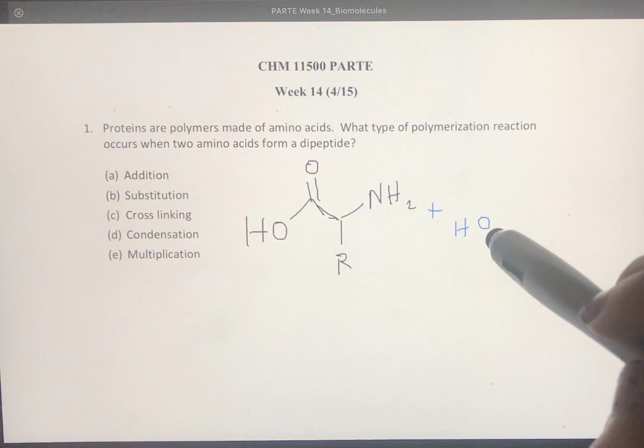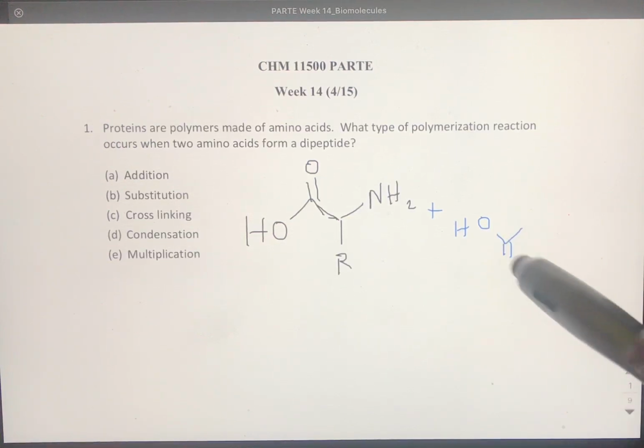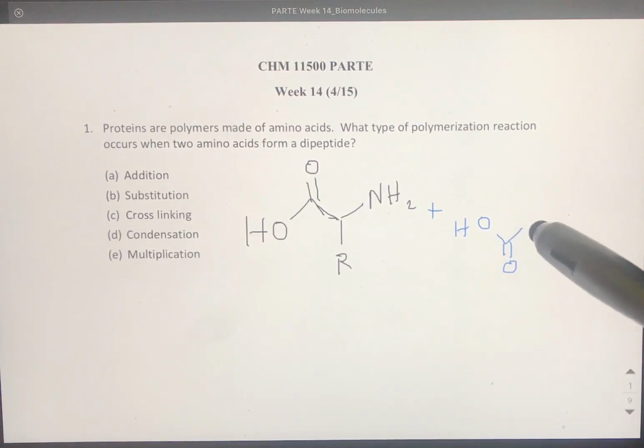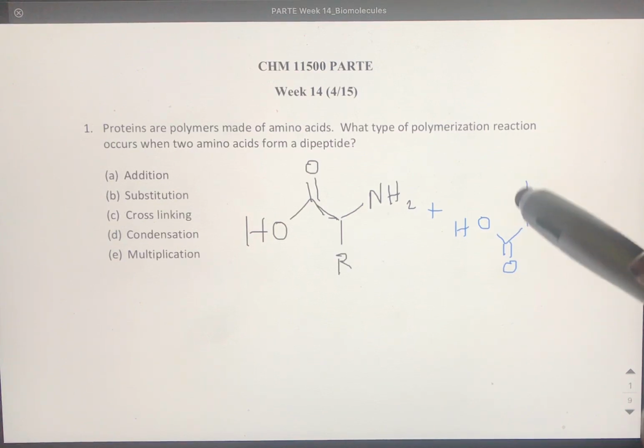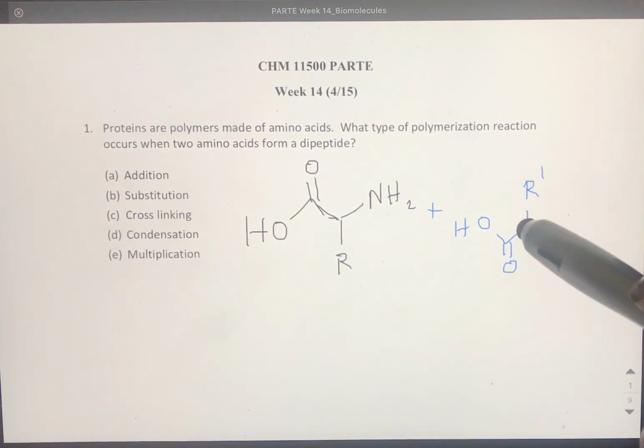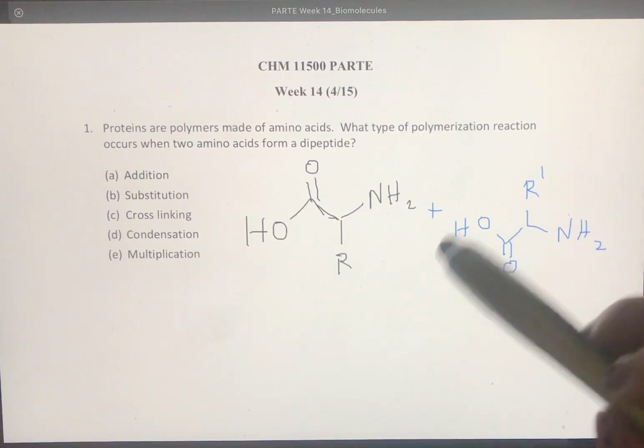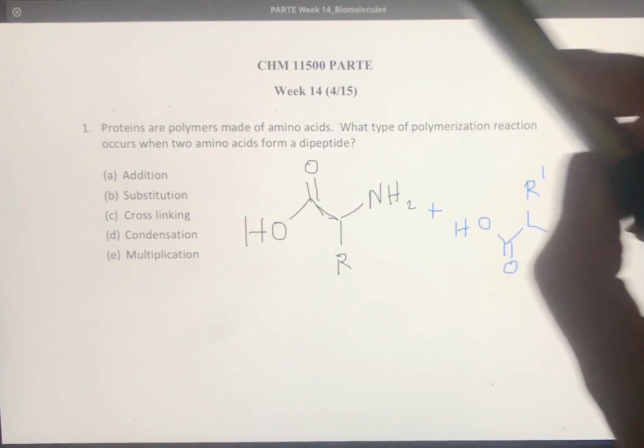And I'll do this one kind of upside down. Here's our carboxylic acid. Here's our R group. This one could be the same or it could be different. We don't know. It just depends on the amino acid that we use. And there's the amine group. So these two are going to react.